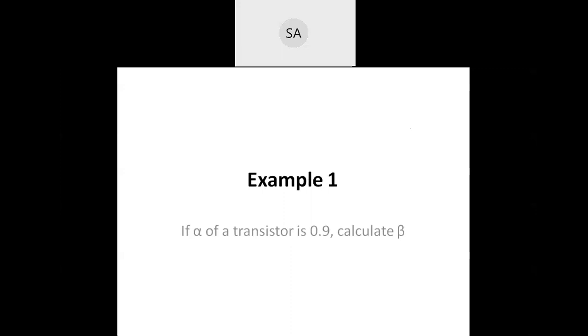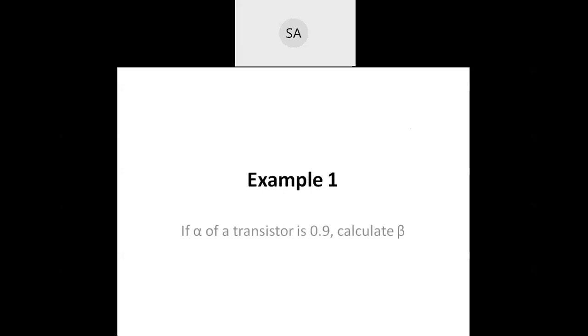Or you can calculate from beta also, that is gamma is 1 plus beta. So if only one of the variables is known, we can find out the other parameters.